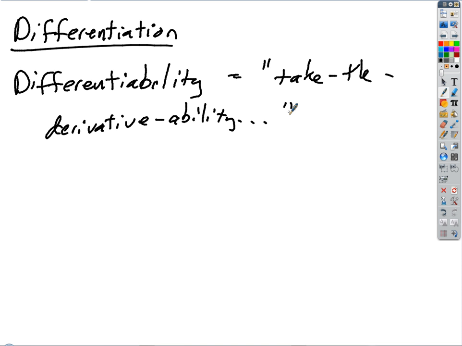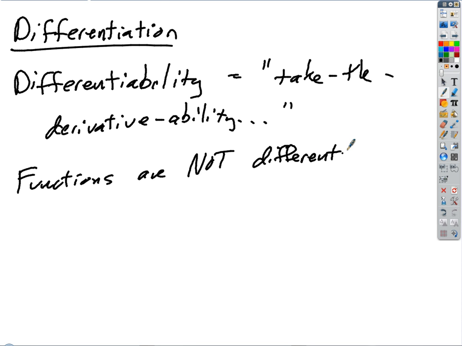So where are the places where derivatives don't exist? Okay, here they are.